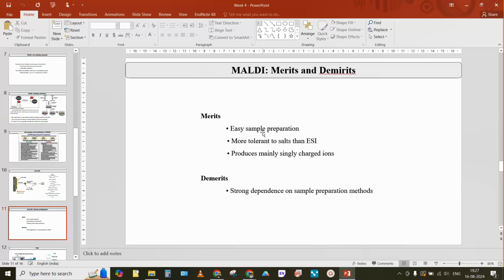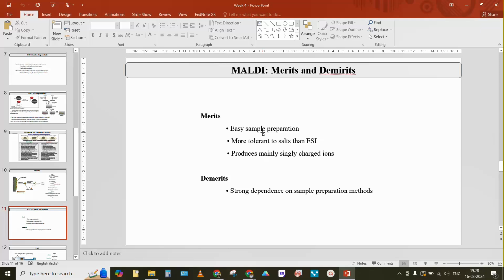The single charge can result in some molecules having large mass to charge values. Therefore, MALDI is typically integrated with the time of flight mass analyzer, which can provide the m/z range for large ions. Obviously, it has to be connected with the time of flight.